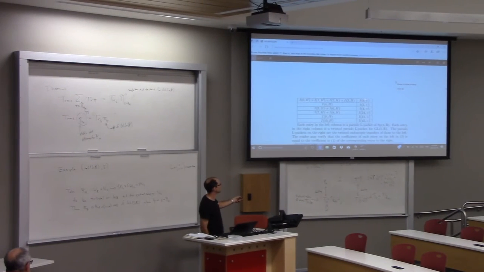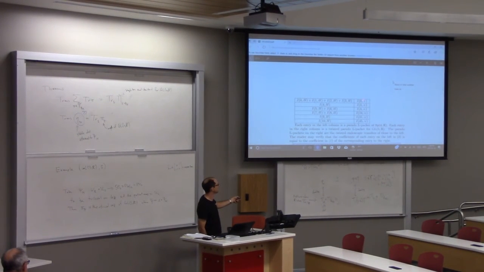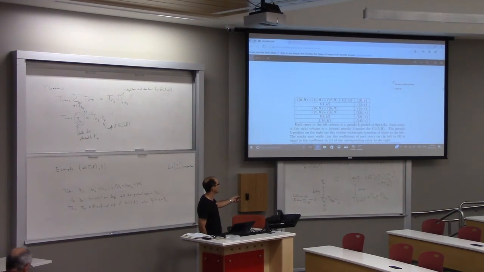The top one is the tempered one for GL5, and that's the tempered pseudo packet for SP4. And then there are all these intermediate ones which match pseudo packets for SP4 in this case. So sometimes the packets contain 2 representations, sometimes they contain 1 representation. That depends entirely on which torus you end up in this diagram.